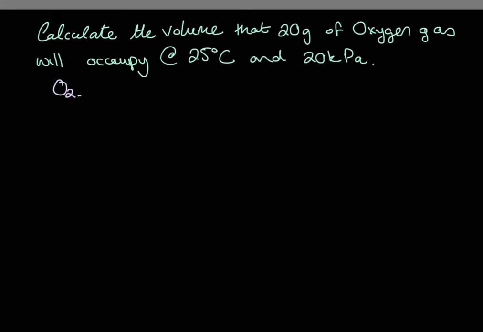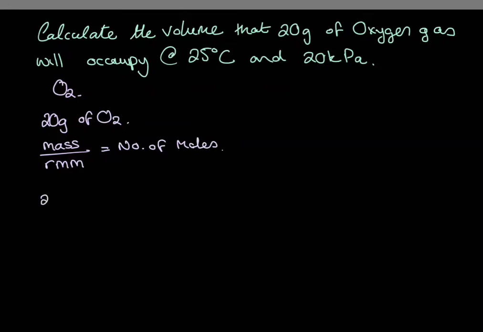Okay, so what do I know? What can I work out? I know 20 grams of oxygen. If I have the mass of a substance, I can work out how many moles there are of that substance as well. That formula is mass over relative molecular mass, and that gives you the number of moles.